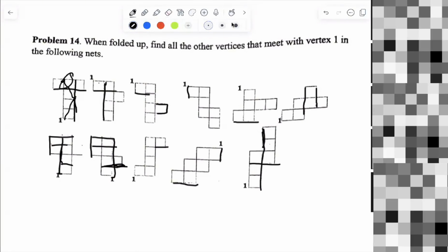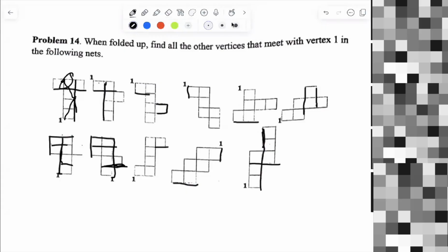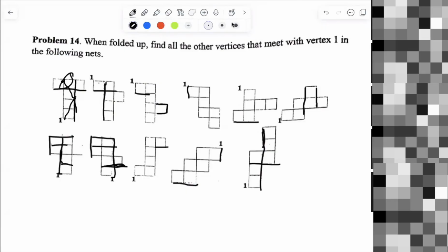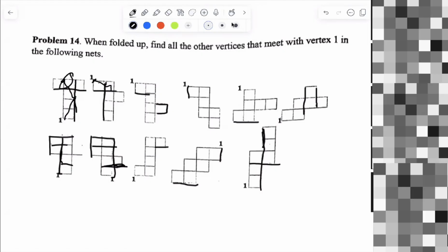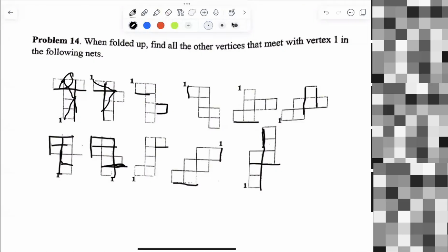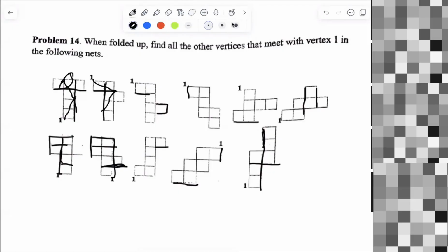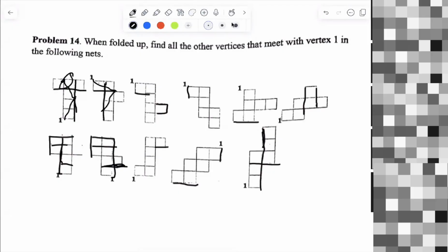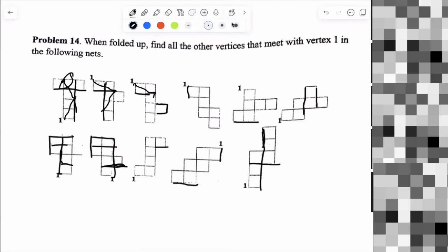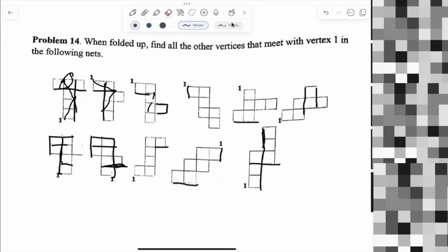So this vertex must intersect. And you could do it similarly for the other ones, like this. Or you might do it like this, which is the exact same thing as before.